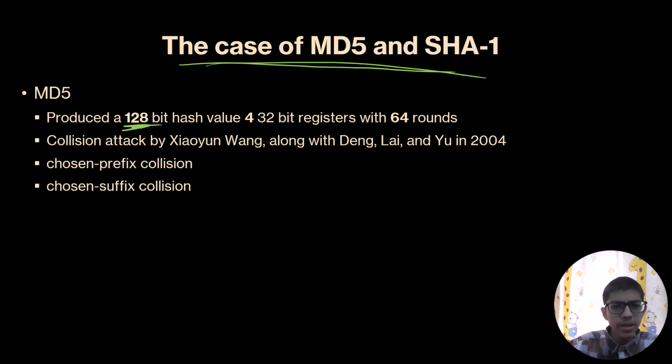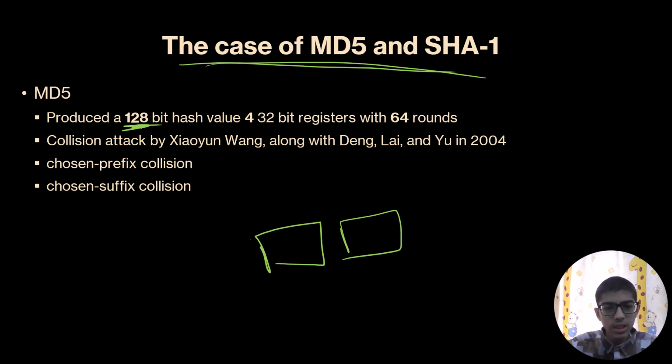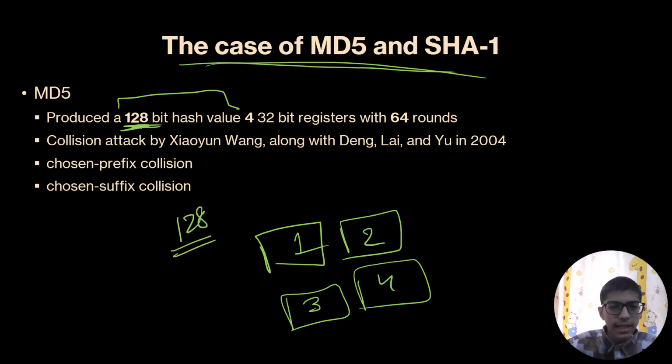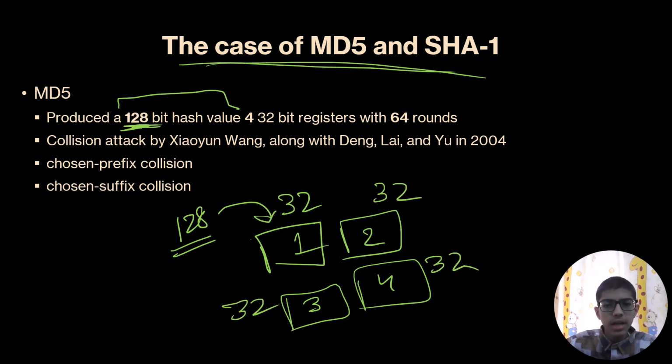Now, as for MD5 and SHA1, predecessors of the current SHA 256 and 512, MD5 produced a 128-bit hash. So we had 4 processors for them, and when I enter any input, it is converted into chunks of 128, sorry, and then each chunk of 32 is entered into the corresponding bit register.